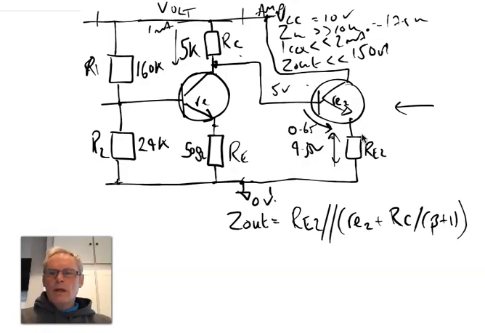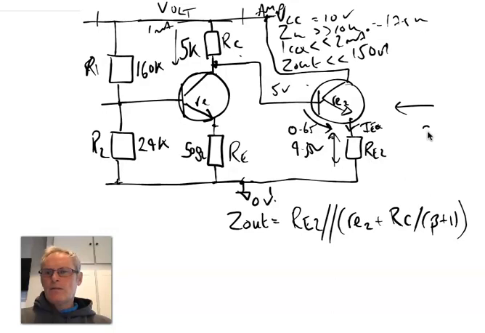What we can then do is choose an arbitrary value of RE2, so we can then see what the quiescent current, i.e. IEQ, is going to be through there. So let's just choose a value. Let's call this 270 ohms, say.